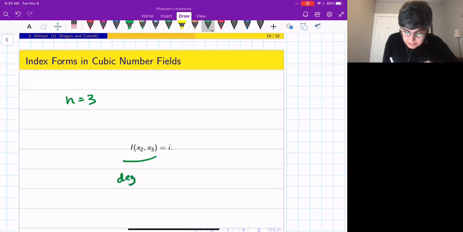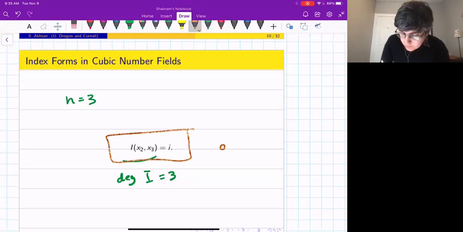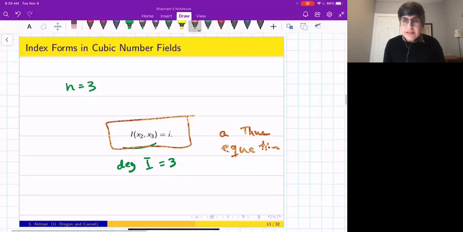So the degree of I is also going to be 3. And then any index form equation has I of two variables equal to one integer. This is a Thue equation, which I have not defined yet, but I will tell you more about. So this is basically a cubic Thue equation, a Thue equation of degree 3.